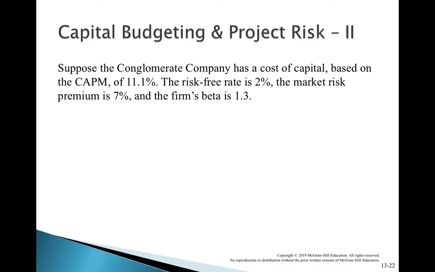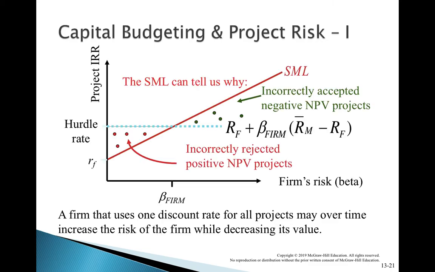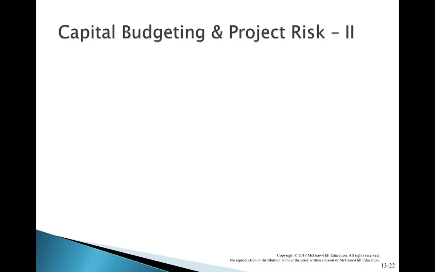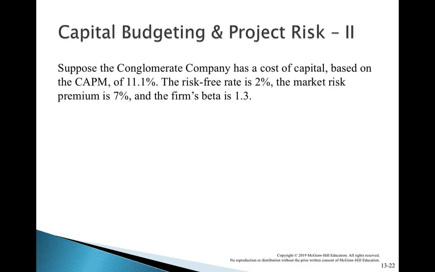Suppose the conglomerate company has a cost of capital based on the CAPM, that is the hurdle rate which we have calculated here. The hurdle rate is 11.1% calculated based on CAPM, risk-free rate of return plus beta multiplied by risk premium.